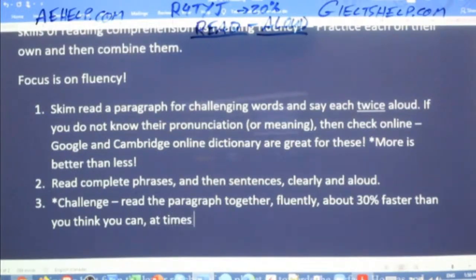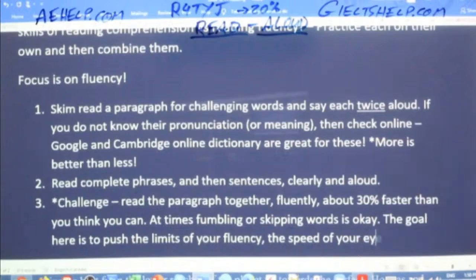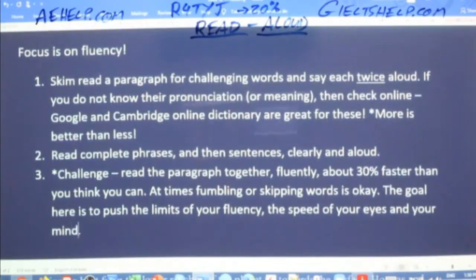At times, let's make this a new sentence. So at times, fumbling or skipping words is okay. The goal here is to push the limits of your fluency, the speed of your eyes and your mind.